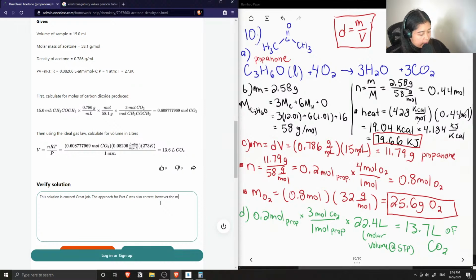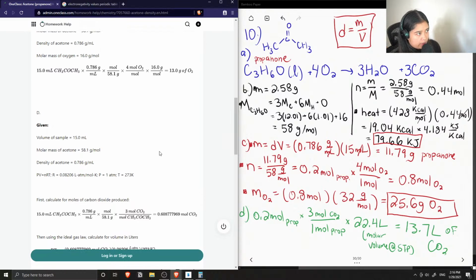However, the molar mass can be for O2, which is 32 grams per mole, giving a final answer of 25.6 grams of O2 instead of 13 grams.